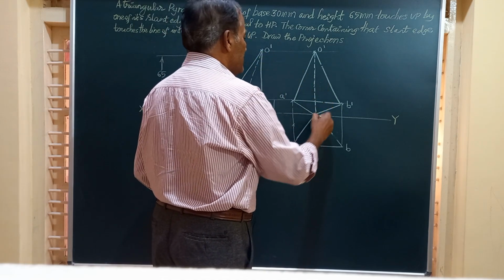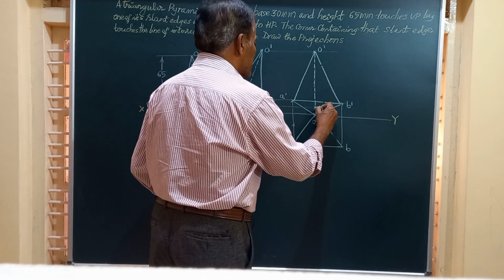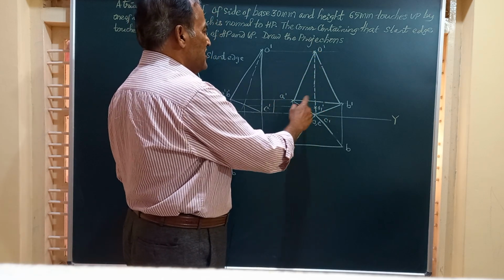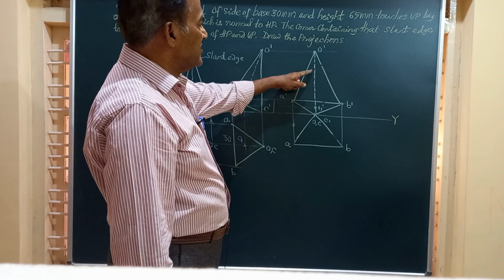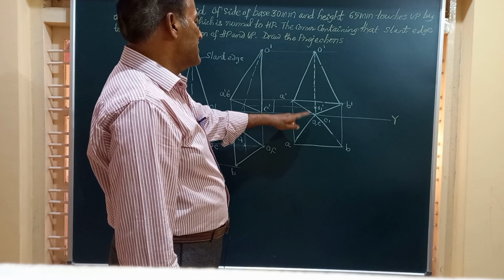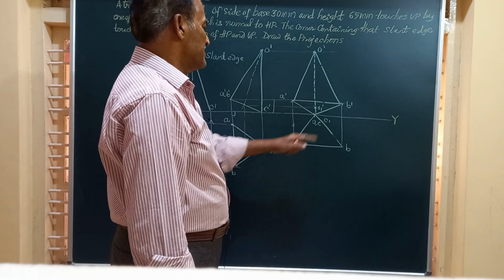So this has to be a dotted line, and this O1 dash you are going to get somewhere here. I told you friends, since this slant edge is on the vertical plane, you will not be able to see that, but the complete base ABC is visible.